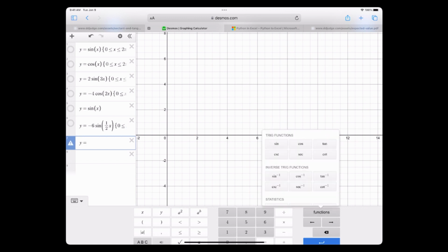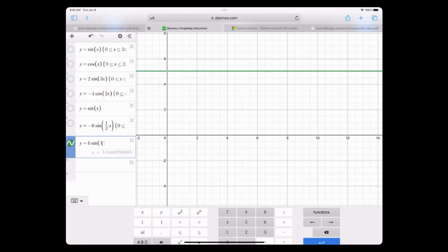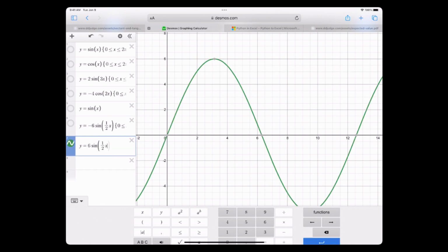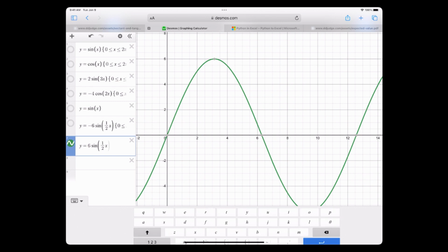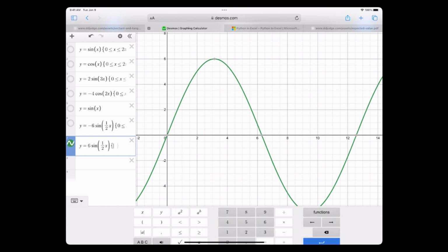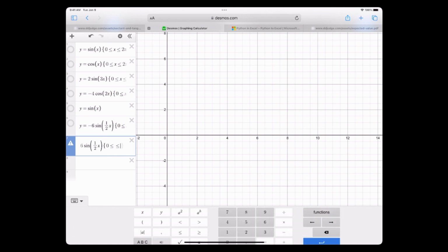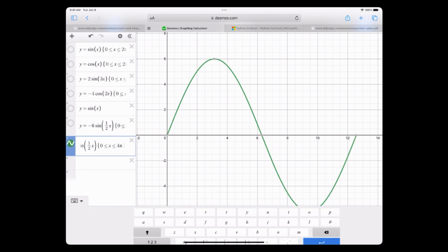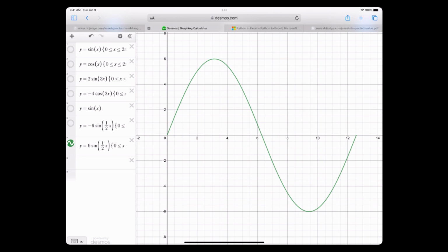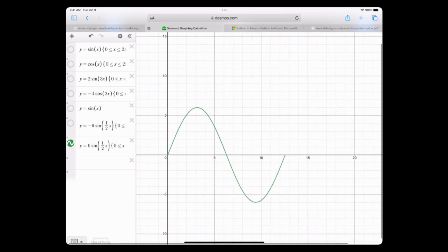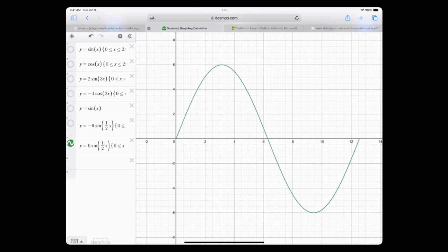Y equals +6 sine again. It's really weird.